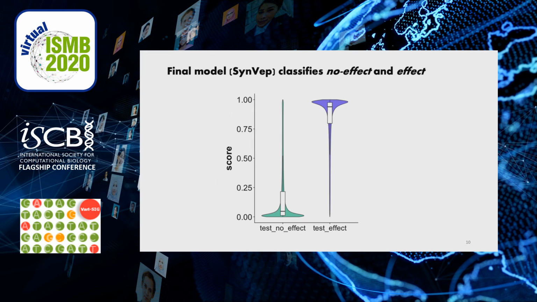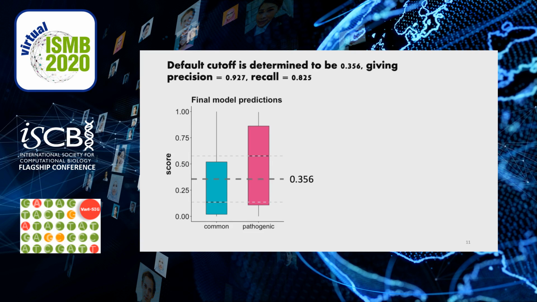This is the final model's predictions for no effect and effect groups in the testing set. We call our model SYMVAP, synonymous variant effect predictor. We also determine a new cutoff for our final model.